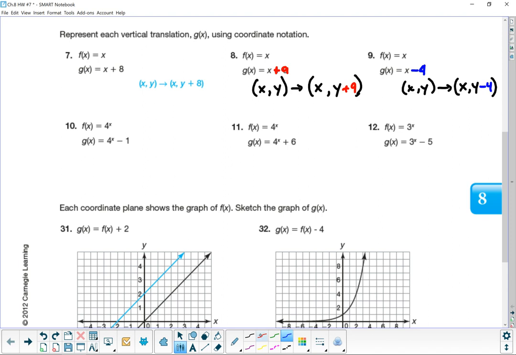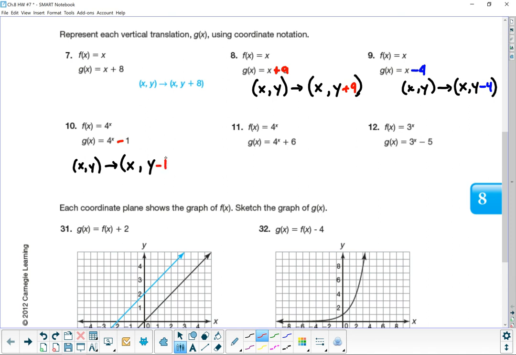Okay, same thing down here. So if f of x is x, y, then g of x is going to be x, and then all we're doing here is minus 1. Oh, sorry, not minus 1. I wrote that wrong. Sorry, guys. That'll be x, comma, and then y.